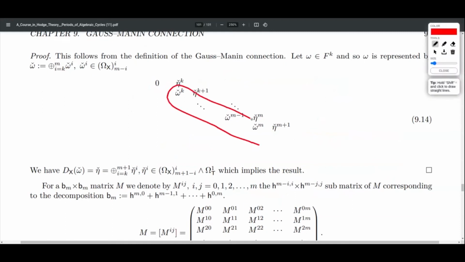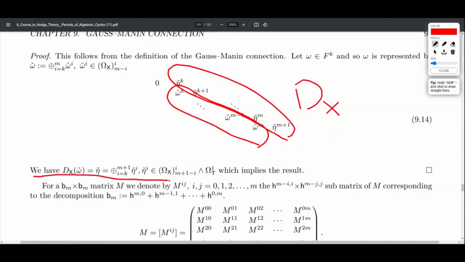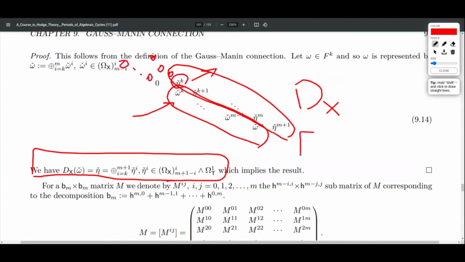Remember that we take the representative, we differentiate with respect to x, and when you look at this element, we already realize that if we were in Ω^k, then everything above it is 0, and so from F^k we have jumped to F^(k-1).